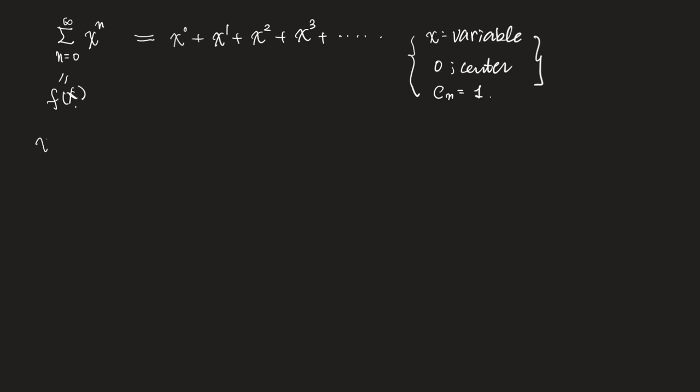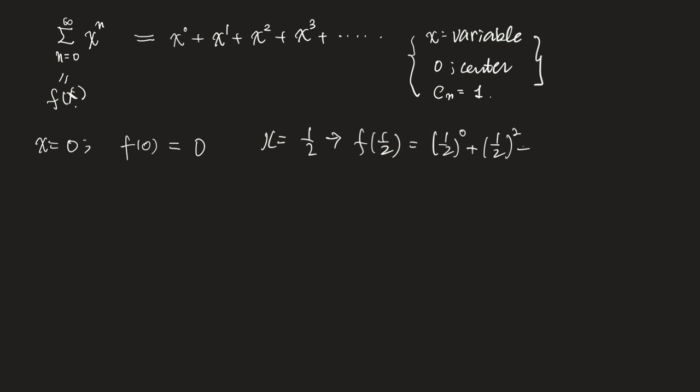So let's say the x value is 0, then f of 0, you plug in 0, is 0, makes sense, right? If x is 1.5, then f of 1.5 is 1.5 to the 0, 1.5 squared, and so on. Another way, summation n equals 0 to infinity of 1.5 to the n.